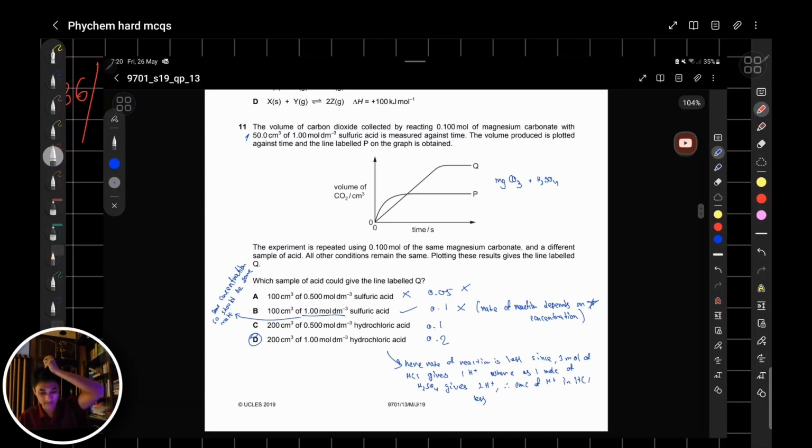Question 36. The volume of carbon dioxide collected by reacting 0.1 mole of magnesium carbonate, MgCO3, with 50 cm cube of 1 mole per dm cube of sulfuric acid, H2SO4, is measured against time. The volume produced is plotted against time and the line labeled P on the graph is obtained.